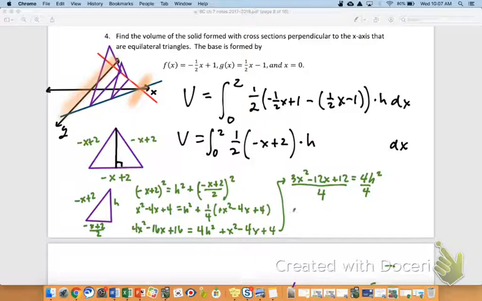So I'd get the square root of 3x squared minus 12x plus 12, all divided by 2, if I square rooted the 4, equals h. Of course, there should be a plus or minus in there, but we know that we're dealing with a triangular area, so I don't think we'd go with the negative version of altitude. So then what we would do then is replace that h with that.